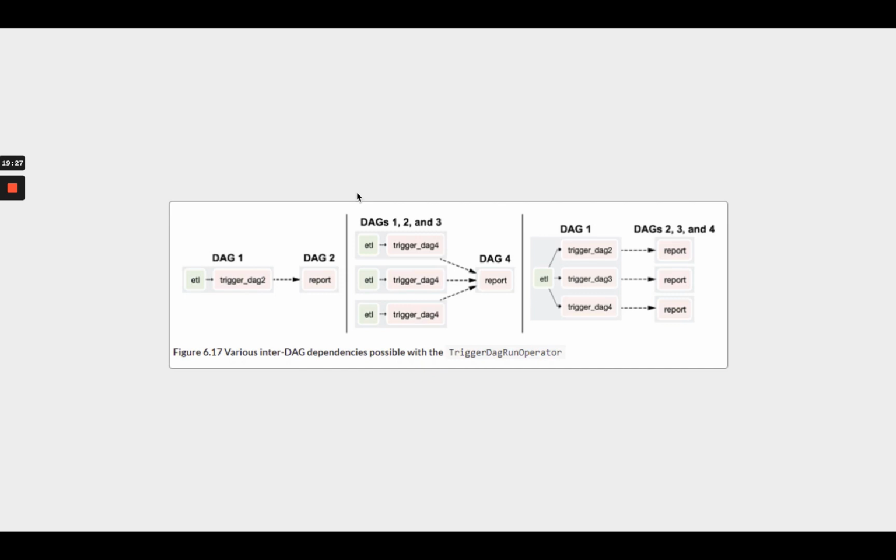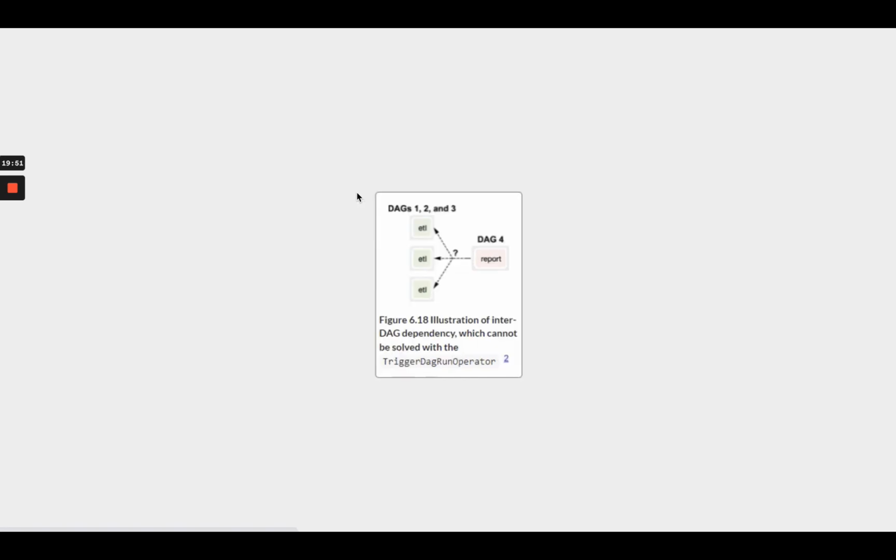If the DAGs become very complex, for clarity, the first DAG could be split across multiple DAGs, and a corresponding trigger DAG run operator task could be made for each corresponding DAG, as seen in figure 6.17 in the middle. Also, one DAG triggering multiple downstream DAGs is a possible scenario with the trigger DAG run operator, as seen in figure 6.17 on the right.